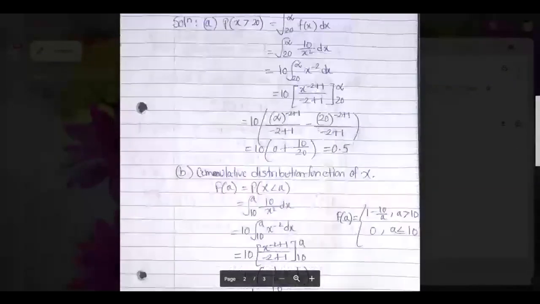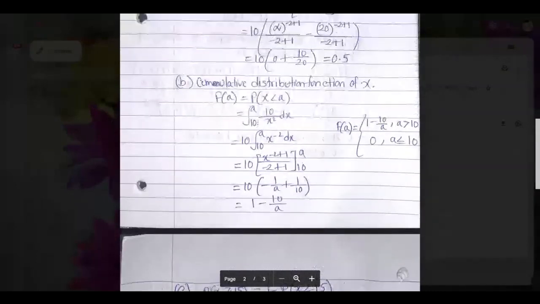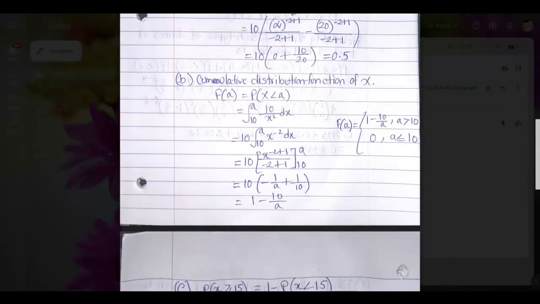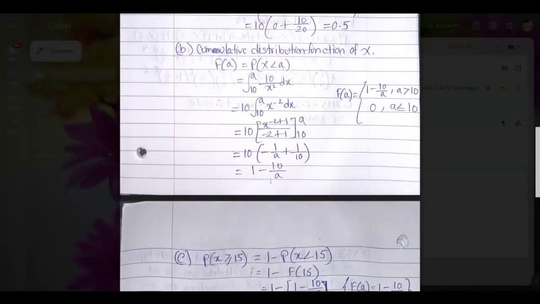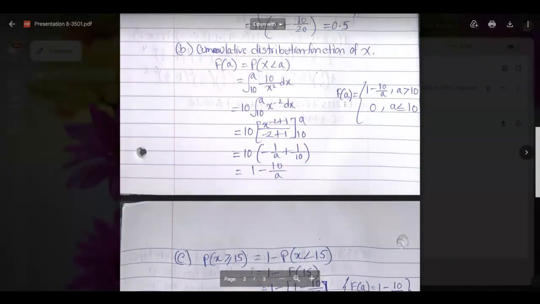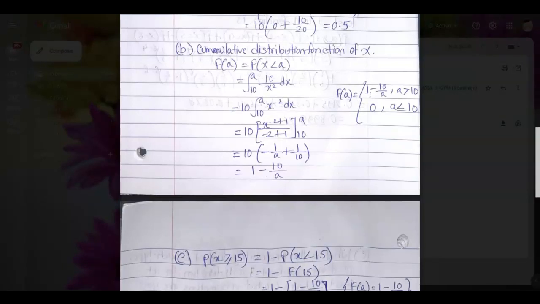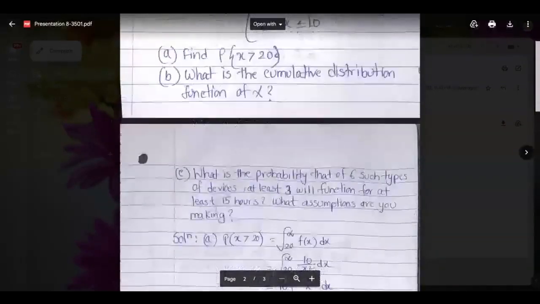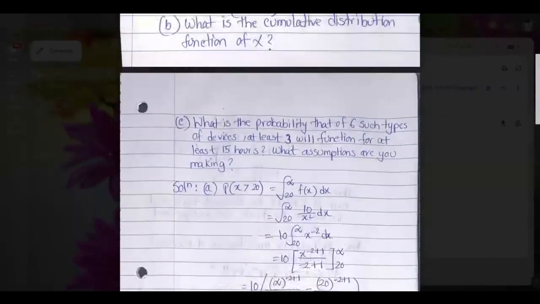It's okay, because the density is 0 below 10, so we can start the integration at 10. So we get 1 minus 10 over a. So F(a) is going to be 1 minus 10 over a where a is greater than 10, and 0 where a is less than or equal to 10. And part C is we have to find the probability.